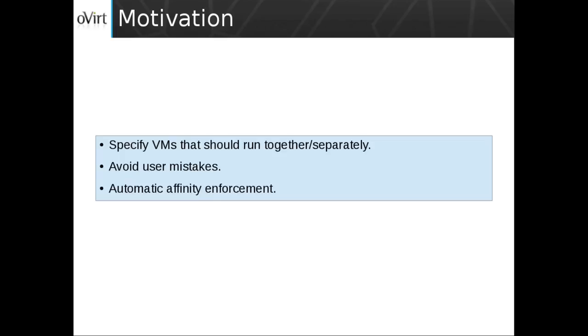A common case where you would want to use affinity is a distributed database. If you have a distributed database that runs on several VMs, they will communicate a lot with each other, so you would like to put them on the same hypervisor, so they communicate on the hypervisor instead of using your network.